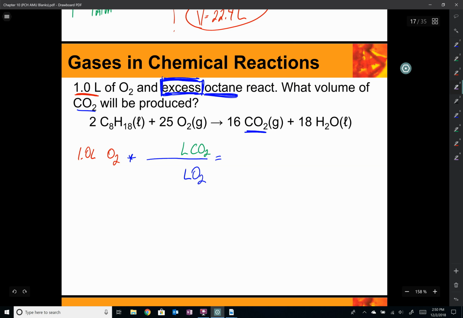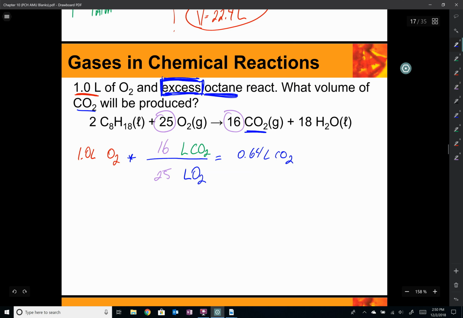For that, we look at our stoichiometry here: 25 liters of O2 makes 16 liters of CO2. That's all this question is really asking. It's just an example of showing how stoichiometry is brought into the gas law problems. And if we do this, I got 0.64 liters of CO2 produced.